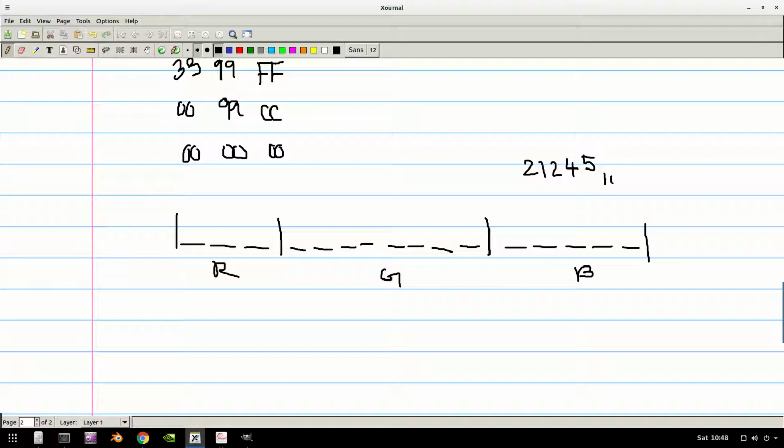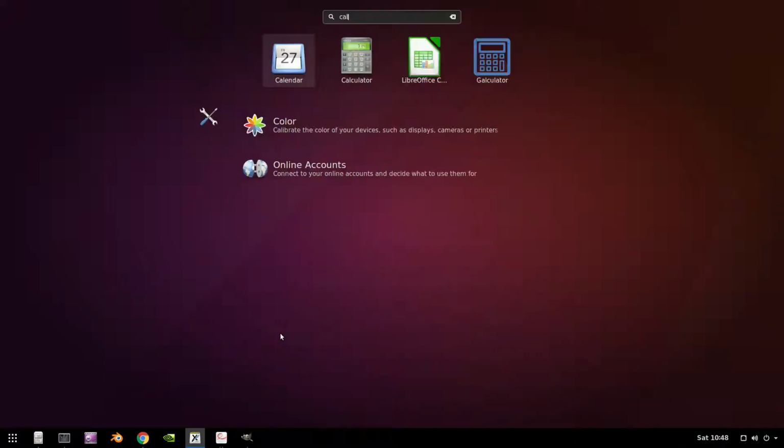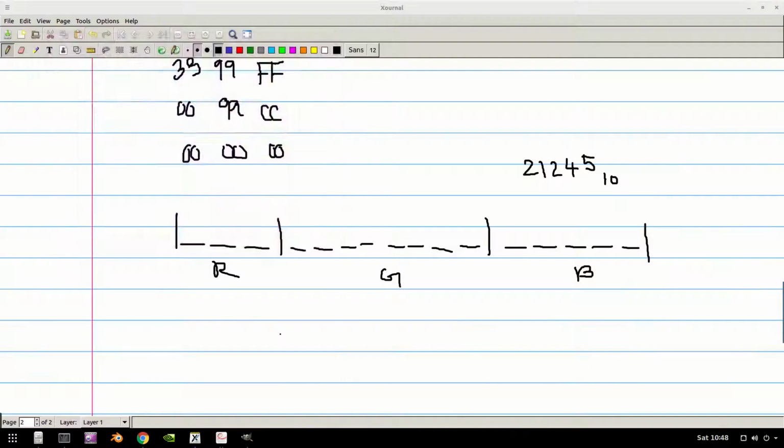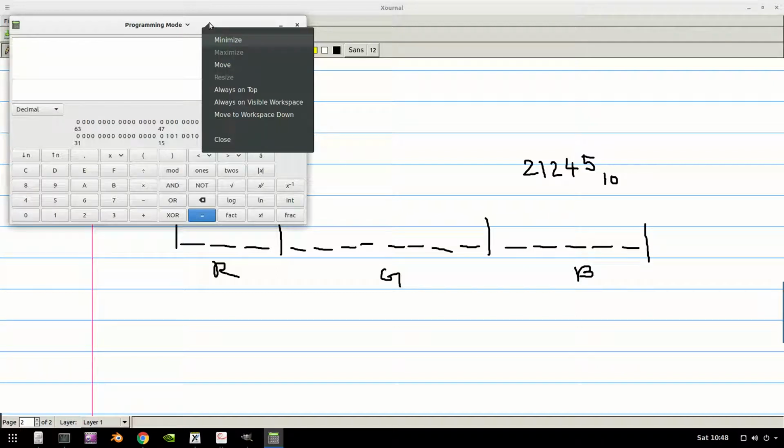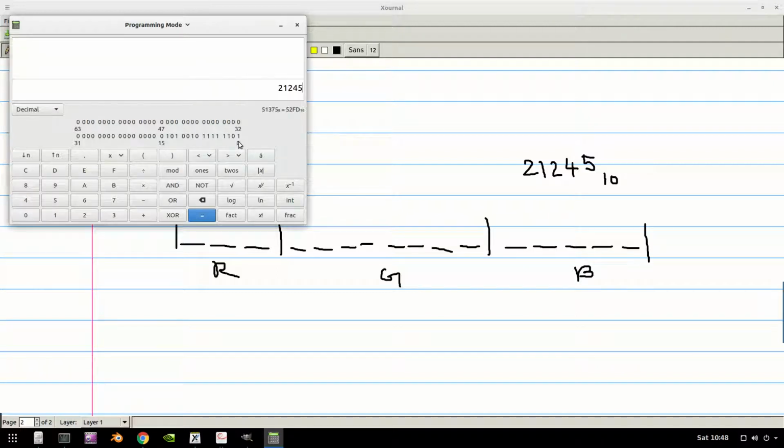We know how to convert that into binary, right? So let me cheat a bit and bring up my calculator over here. 2, 1, 2, 4, 5. So it's written over here.